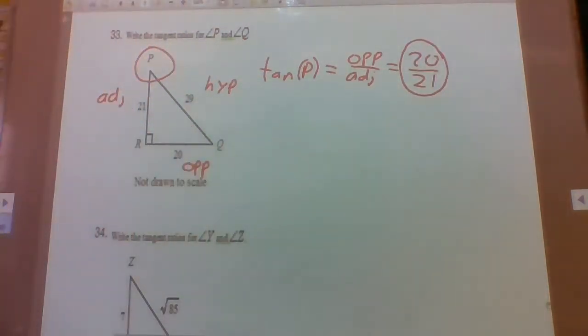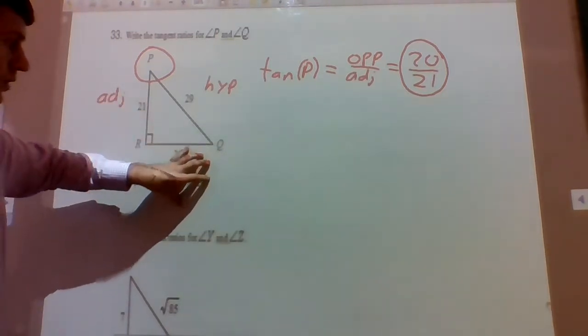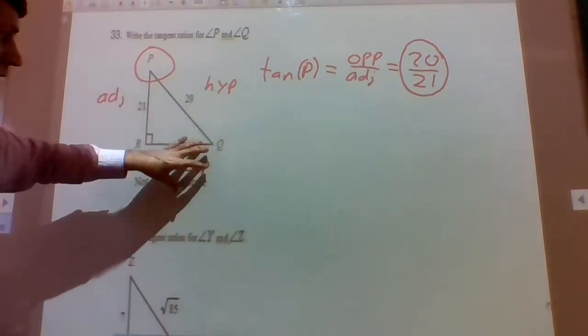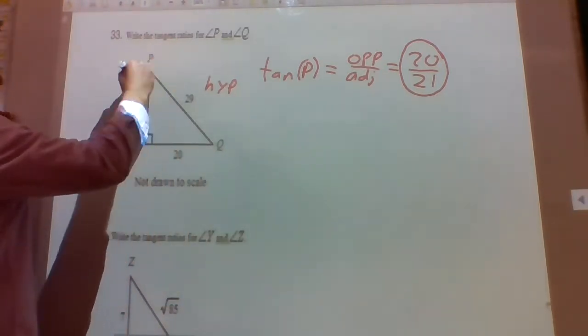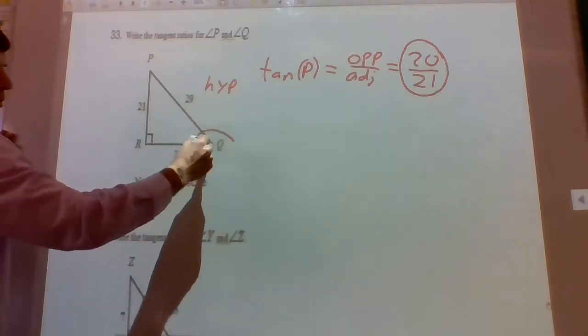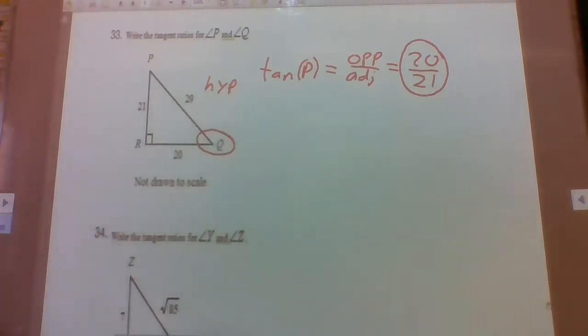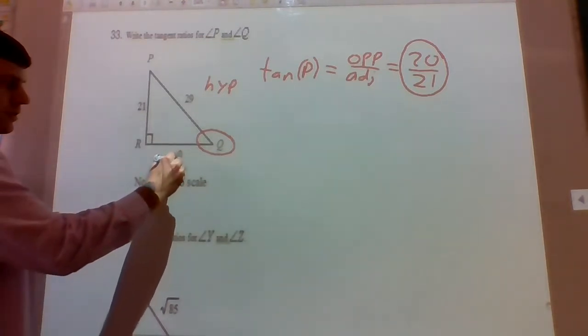For angle Q, we have to erase and start over. Our hypotenuse stays the same, but this time we're using Q. Next to Q is 20, so that is our adjacent.